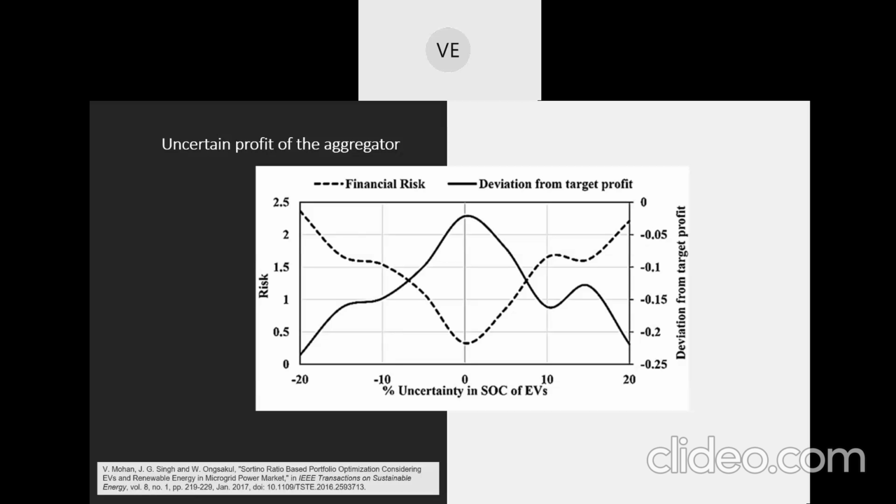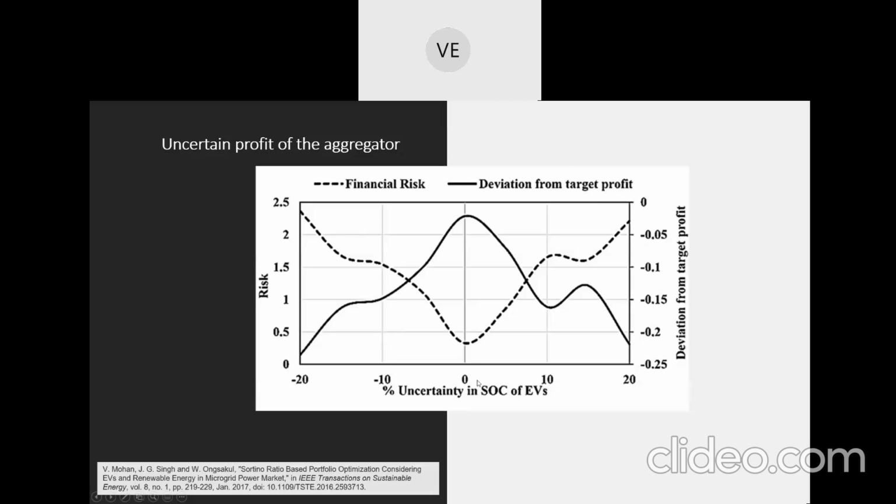The scheduled power will be charged at a different rate and reserve markets will be opened at a different rate. So whenever there are deviations, he has to search for other sources which are costly. So replacing those sources will incur some loss for the aggregator. Thus, it is deviated from the target profit. Already you executed the optimal power flow, you got some result, but it is now deviated from the target profit.